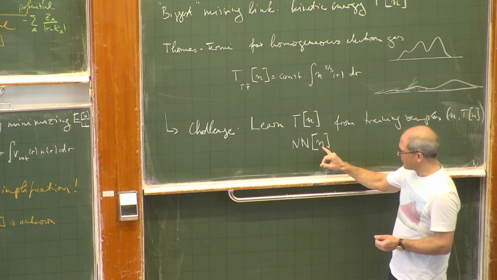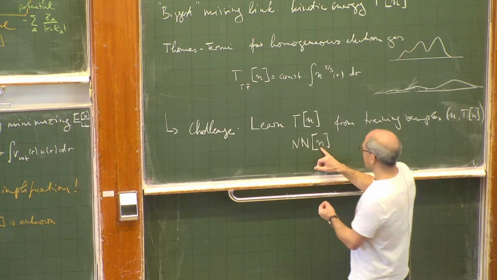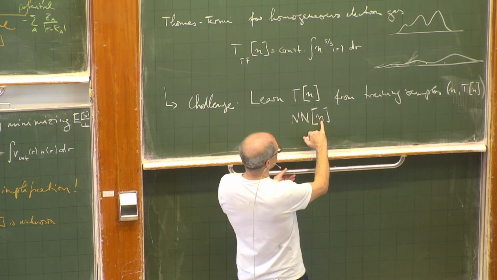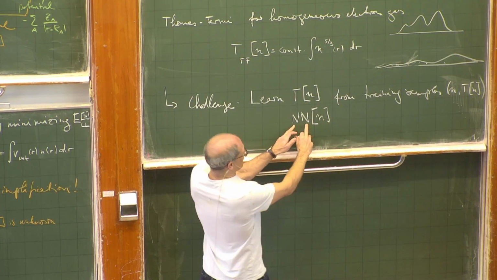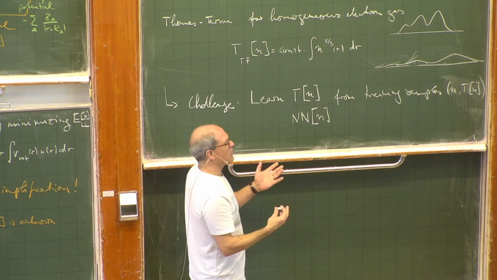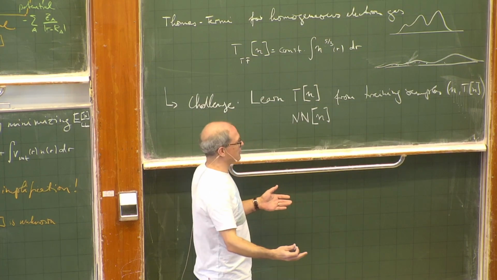So you suggest parametrizing this function. That's an excellent suggestion because here we had n of r, a continuous function, and okay, it's easy for me to write a neural network depending on a continuous function, but none of the architectures that we have discussed accept really a continuous function. Yeah.